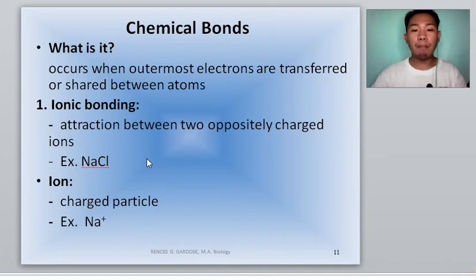For example, the attraction between the sodium ion and the chlorine ion or the chloride ion. The sodium is positively charged and the chlorine is negatively charged. And ions are charged particles that are important, of course, in ionic bonding.